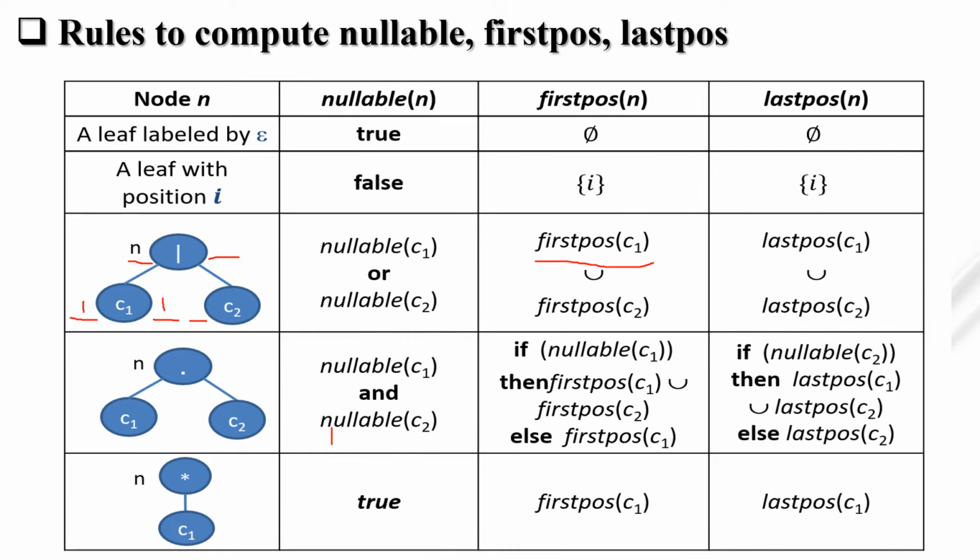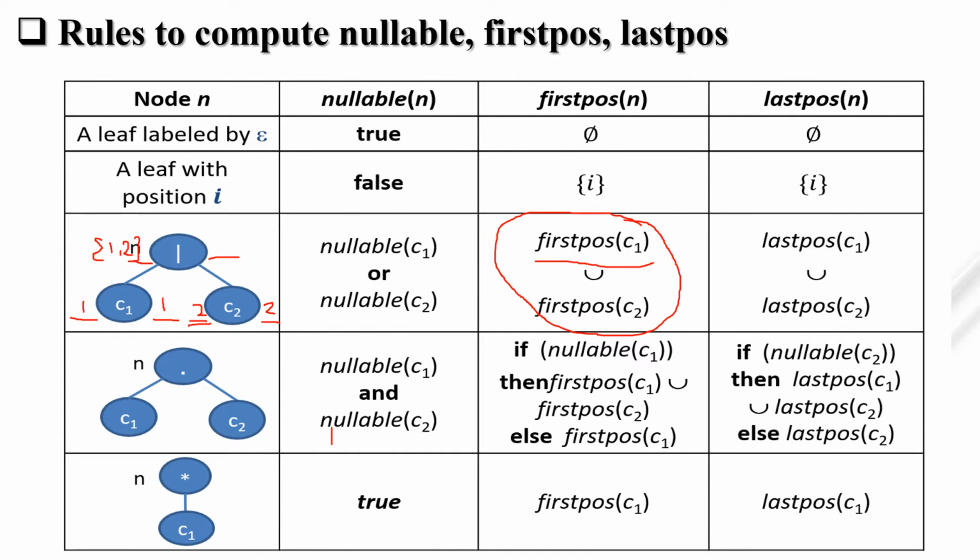Similarly, my first position of C2 is suppose 2 and the last position of C2 is 2. Then what is the first position of this OR operator? We have to see this rule: first position of C1 union first position of C2. First position of C1 is 1, first position of C2 is 2, so the first position of this operator is 1, 2.